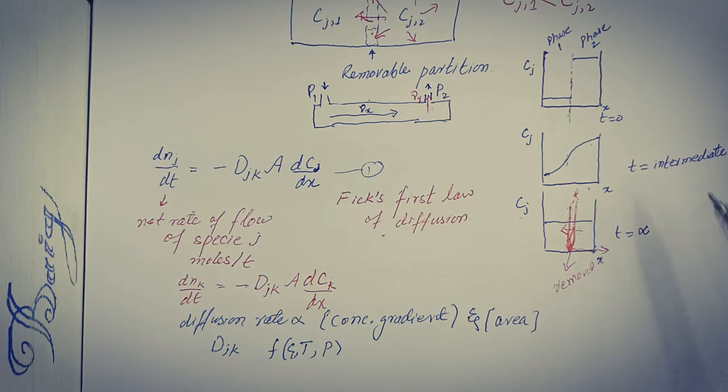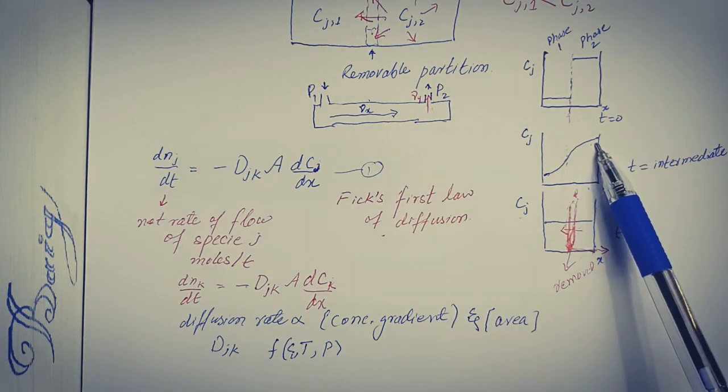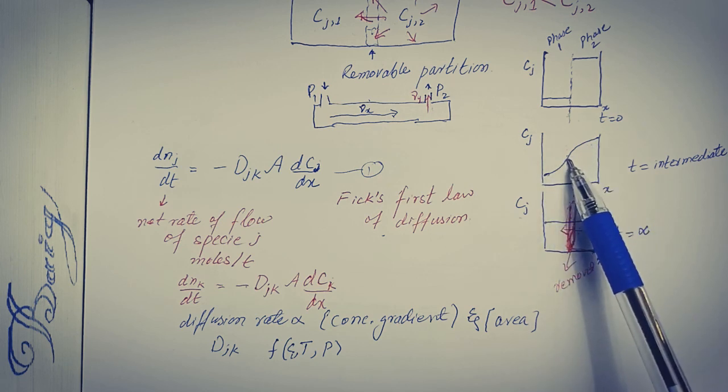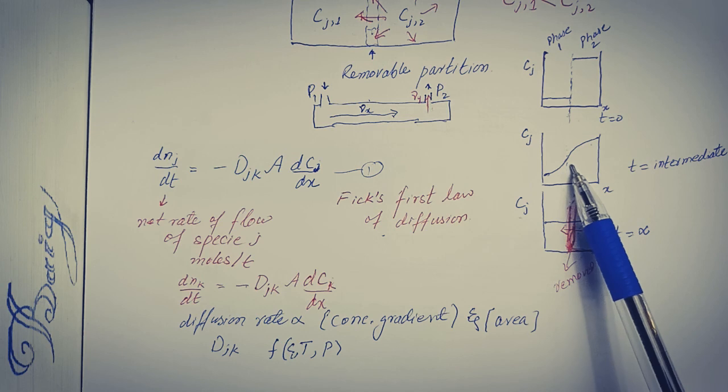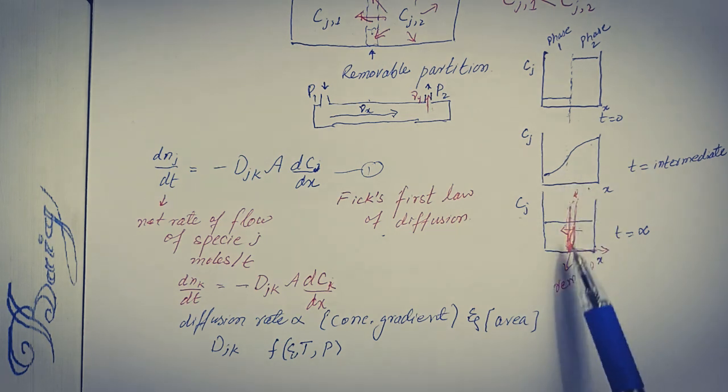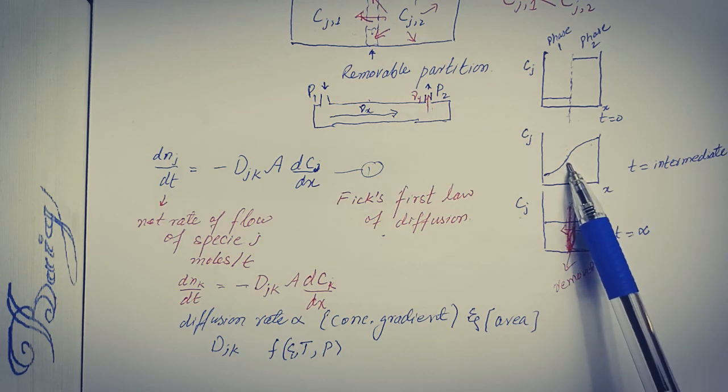So if this distance is considered, the diffusion rate is faster as compared to the distance that is closer to the space from where the partition has been removed.